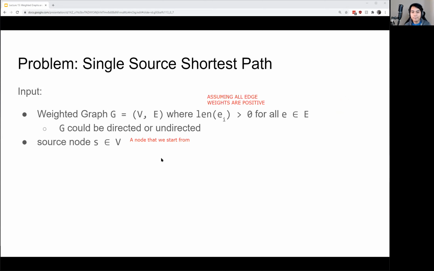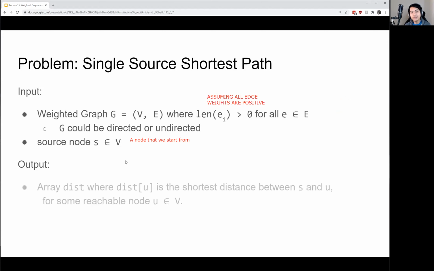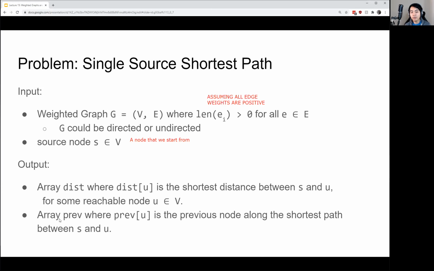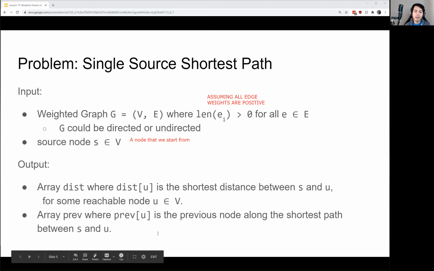But the output here for the single source shortest path, given a weighted graph, which could be directed or undirected, and a source node S, is two things. It's going to be an array distance where every element in the array describes the shortest distance between S and U for some reachable node U. And we're also going to have an array prev, where prev is the previous node along the shortest path between S and U. This is actually so important that I need you to write it down.